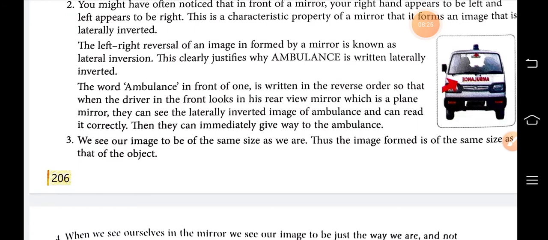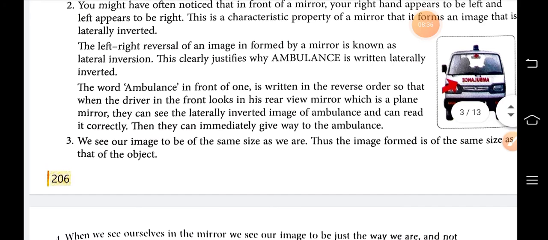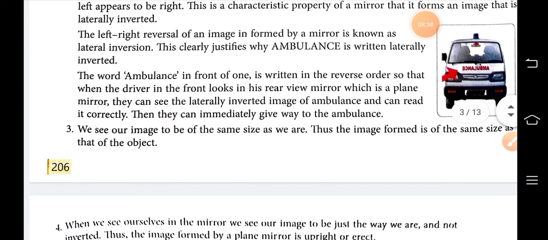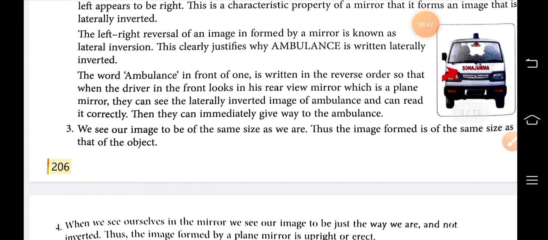In an ambulance, you can see the word is written in inverted form. The word ambulance in front is written in reverse order, so that when the driver in front looks in his rear view mirror, which is a plane mirror, they can see the image of the word ambulance, and they can immediately give way to the ambulance.